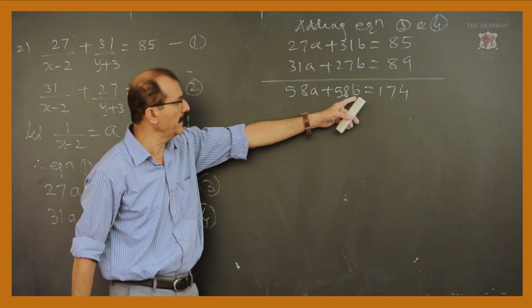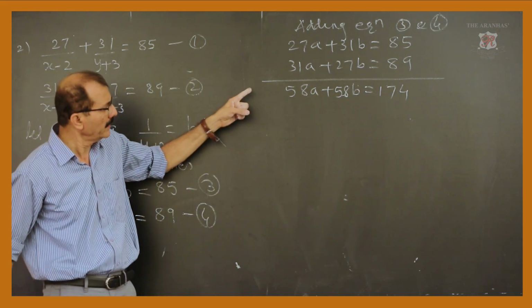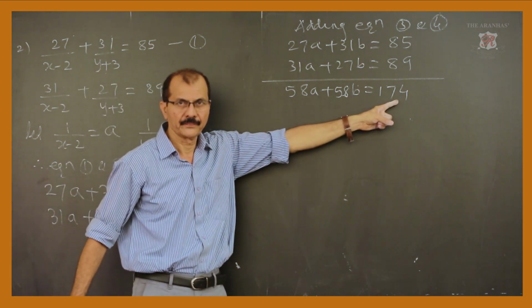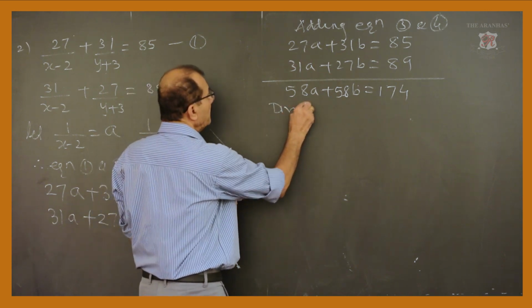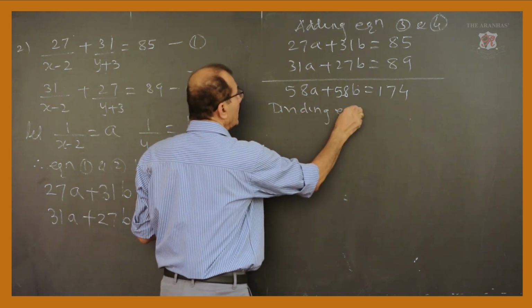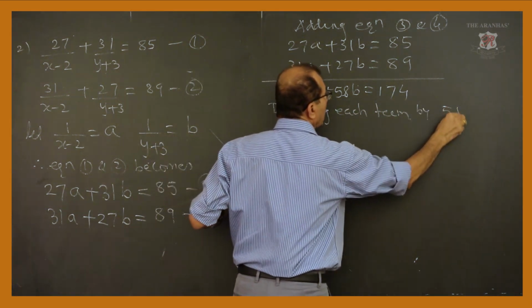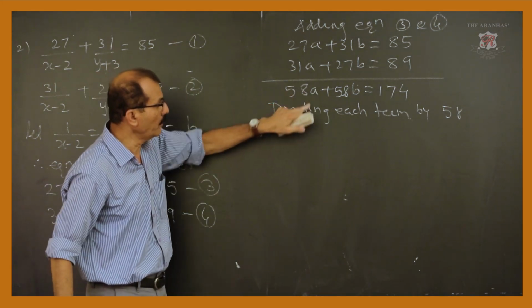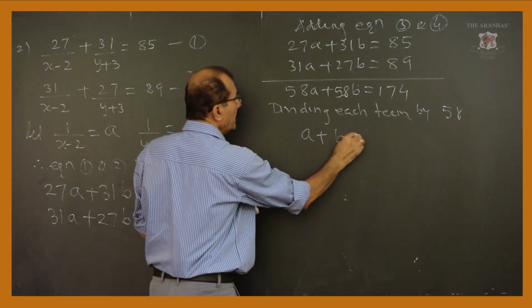58a plus 58b is equal to 174. You can divide each term by 58. So, dividing each term by 58, 58a upon 58 means I will get a, here I will get b.